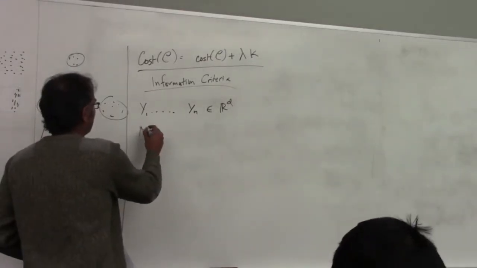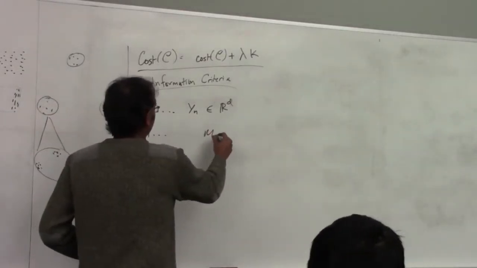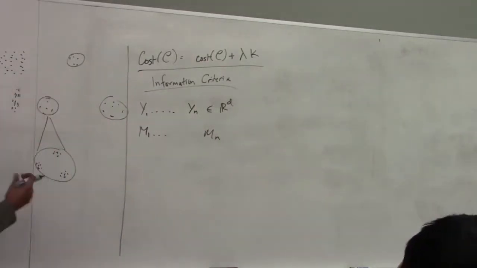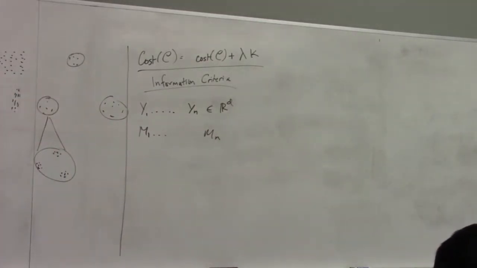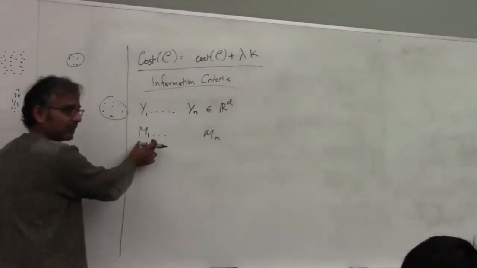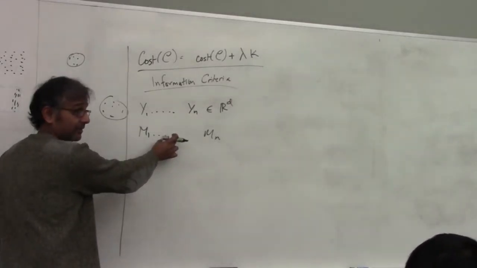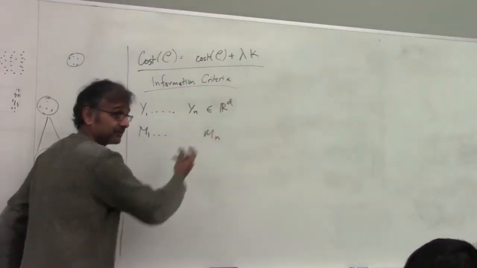Let's say it's M1, M2, up to MN. Okay? Each of which could be a viable model for describing the data. Okay? Again, if you want to think about clustering, a model would be the number of clusters. So this is the set of all clusterings in one cluster. This is the set of all clusterings in two clusters. This is all other clusterings in three clusters, and so on and so forth.